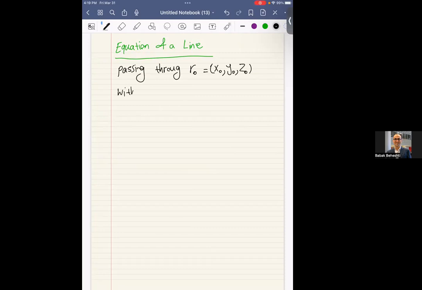With direction, or sometimes we can say parallel to. With direction means parallel to something. With direction, say v equal to, for example, v1, v2, v3, or you can say a, b, c, is given by this. So this is the vector equation.